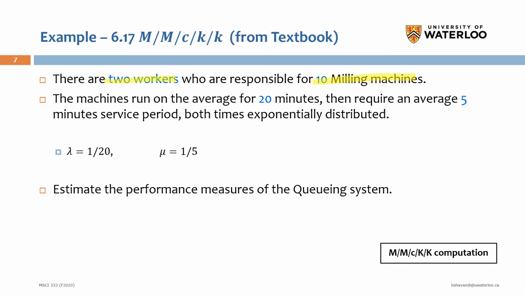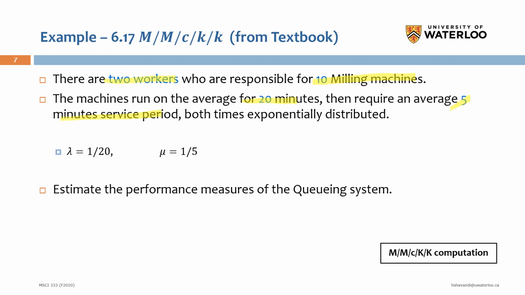We have just 10 machines, which 2 workers are responsible for. Okay, and the machines run on average 20 minutes, and then require an average of 5 minutes service period.